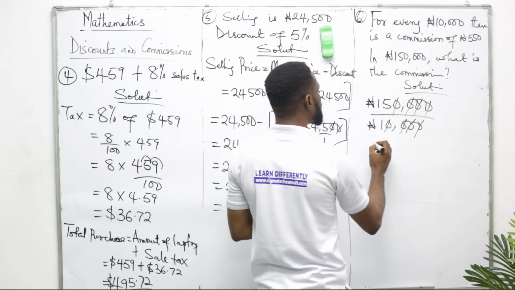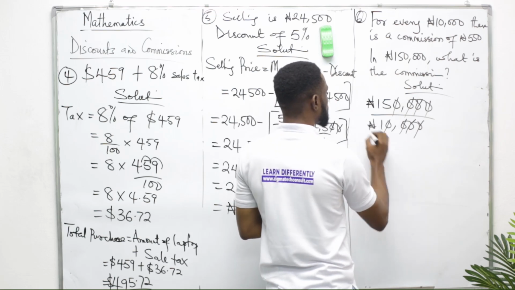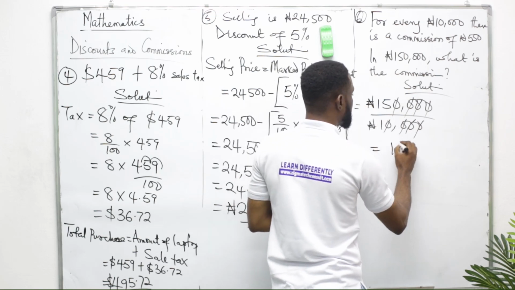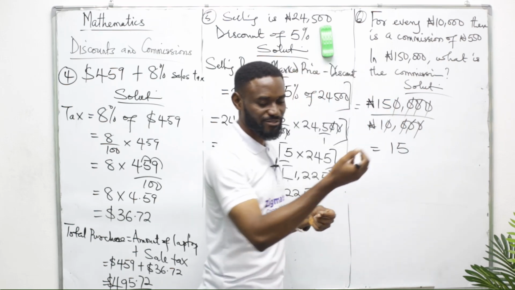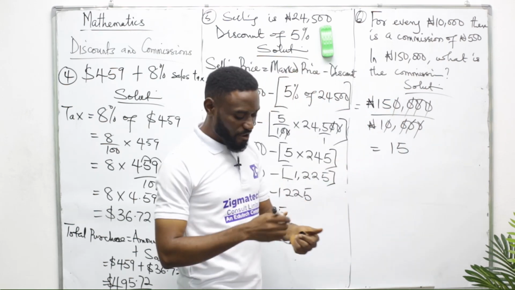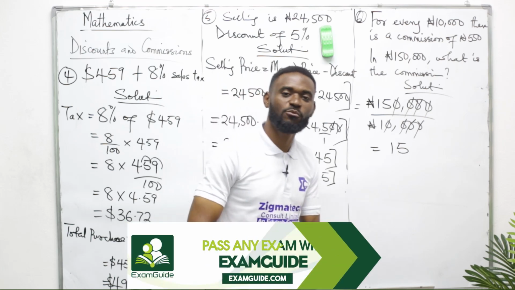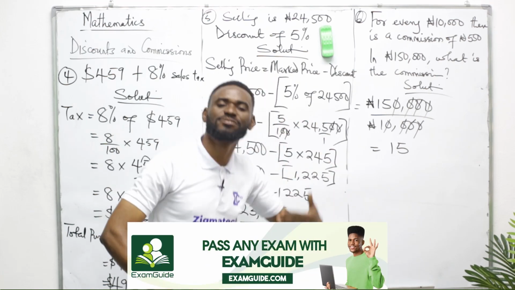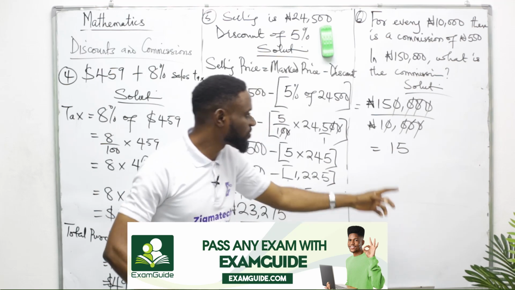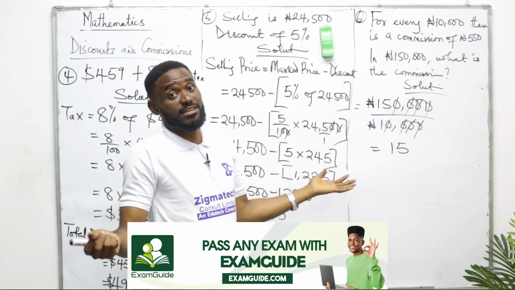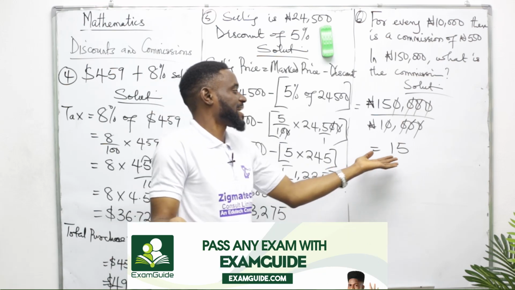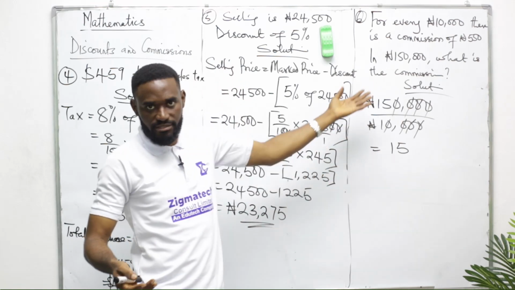It means that we have 15 tens in 150,000 naira. 15. What that means is that we will count 10 fifteen times before we arrive at 150. Do you understand? In another sense, if you multiply 15 by 10, that is 150. That is what I'm talking about.